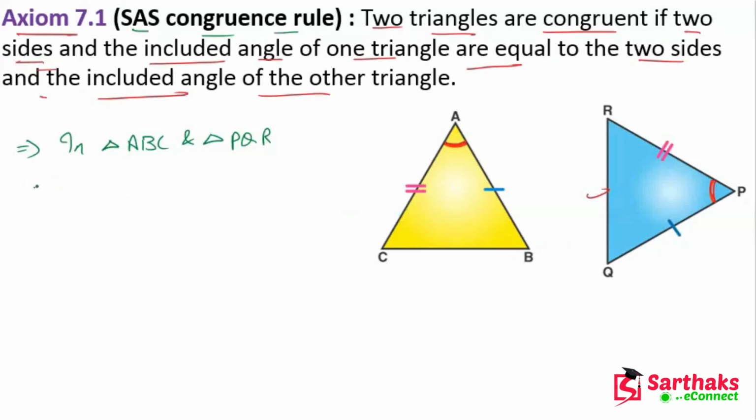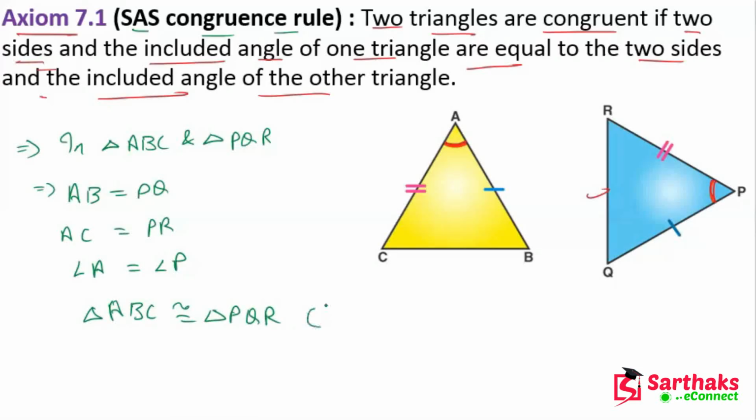AB is equal to PQ, AC is equal to PR, and angle A is equal to angle P. So triangle ABC is congruent to triangle PQR by the side angle side congruence rule. I hope you understand these things, my dear friends.